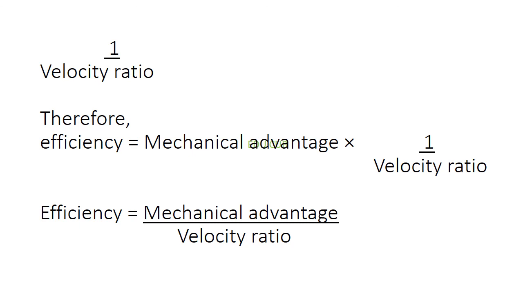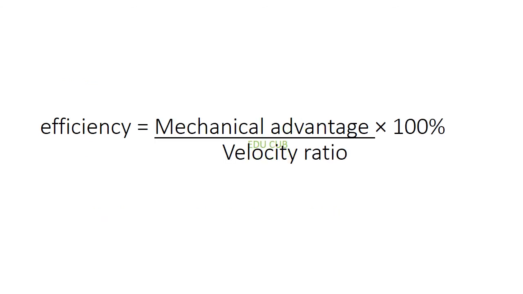So efficiency is mechanical advantage into 1 over velocity ratio. Efficiency is mechanical advantage divided by velocity ratio. This is the efficiency, mechanical advantage divided by velocity ratio into 100 percentage. Generally, efficiency of a machine is given in percentage. That's why we are multiplying by 100.